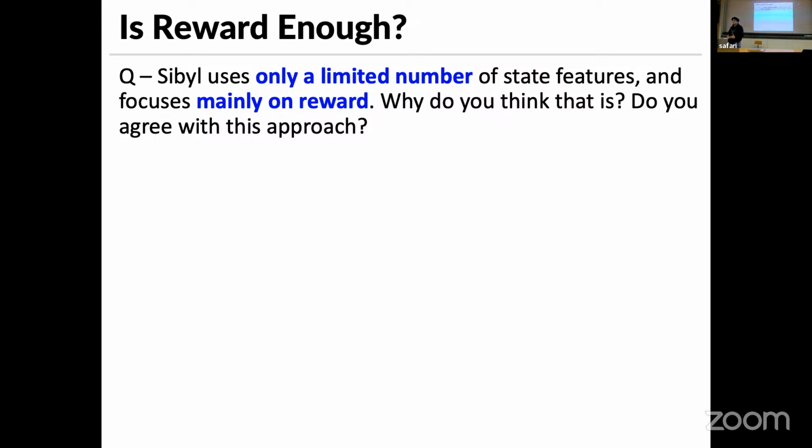Why do you think that mainly reward is being used? We have seen that Cibil is much more sensitive to reward, and if you use more states, which has been tried out in the paper, you actually don't get any better performance. So why do you think that is? And do you still think more states need to be used?